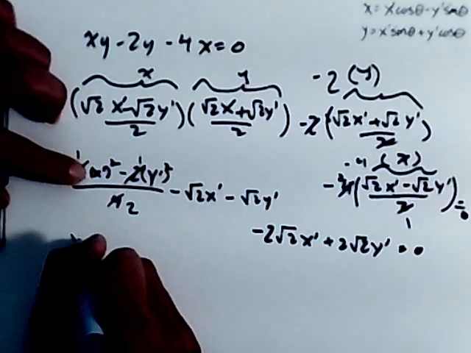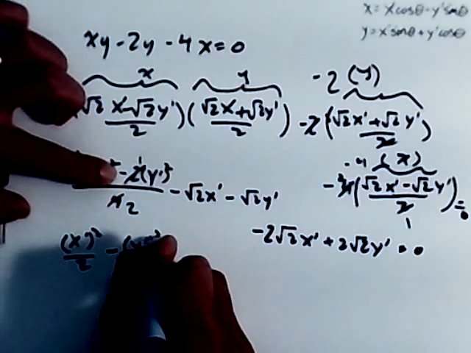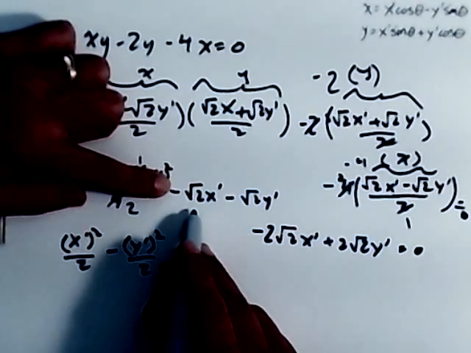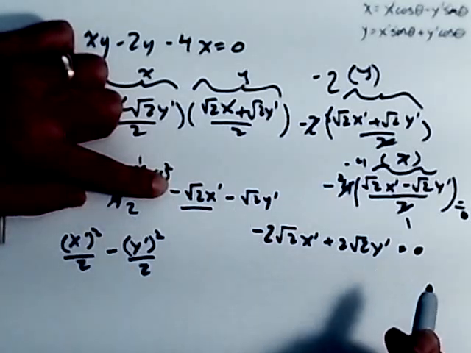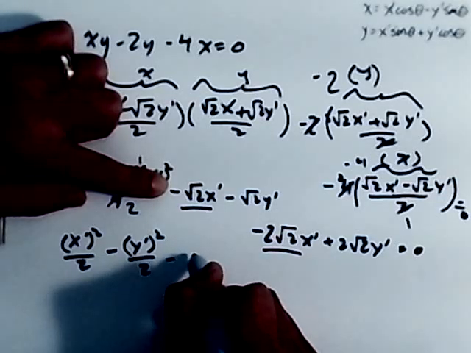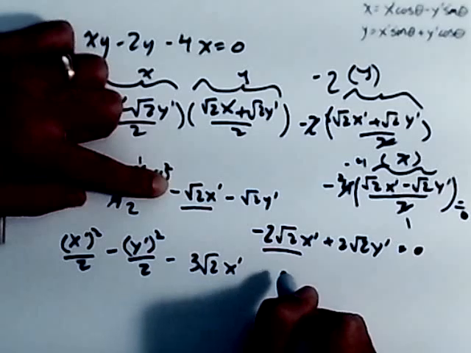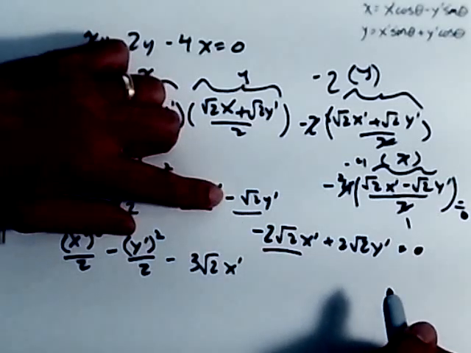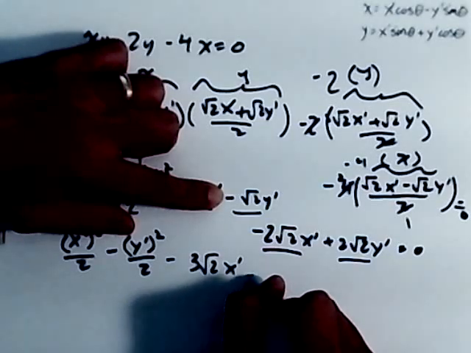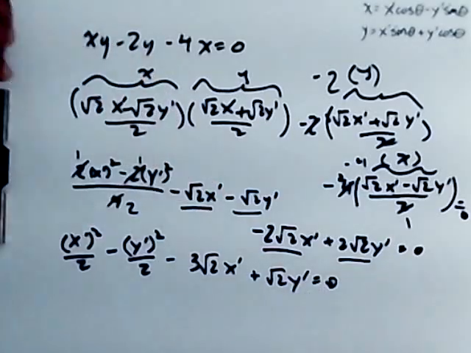So x prime squared over 2 minus y prime squared over 2 minus, let's look at this one over here, minus 2x prime minus 2 root 2x prime is going to be minus 3 root 2 x prime, and then minus root 2 y prime plus 2 root 2 y prime is going to be plus root 2 y prime is equal to 0.